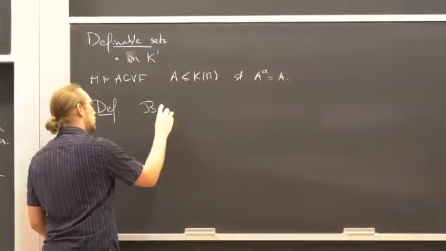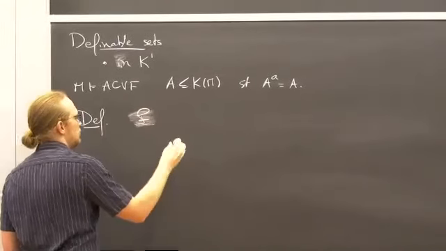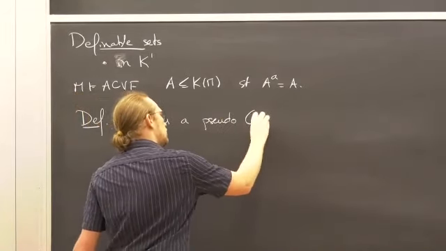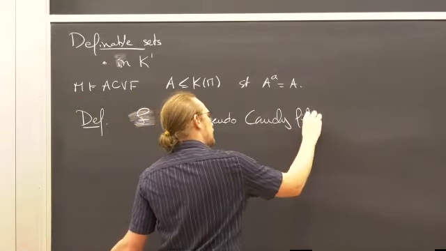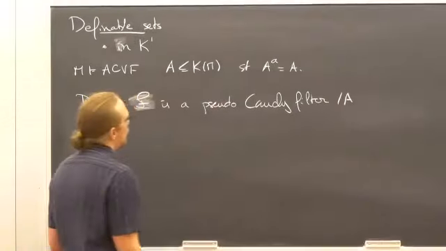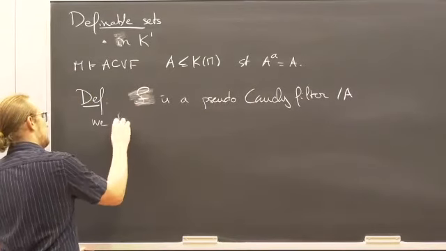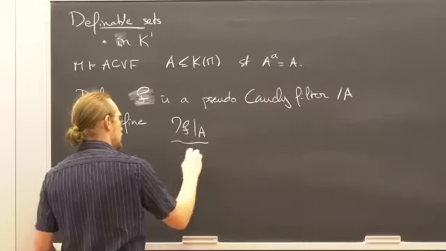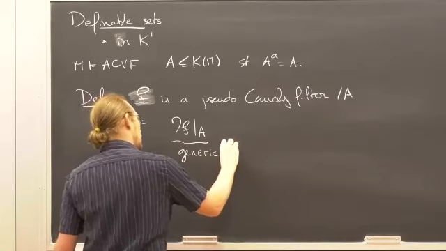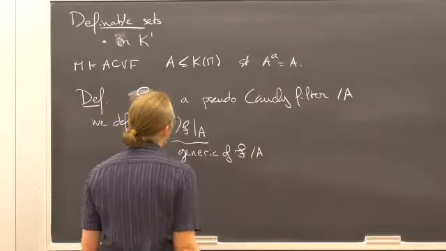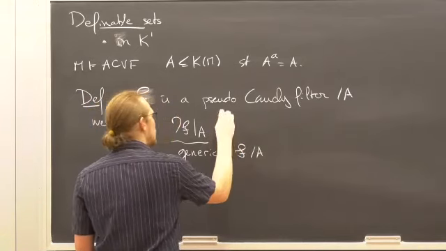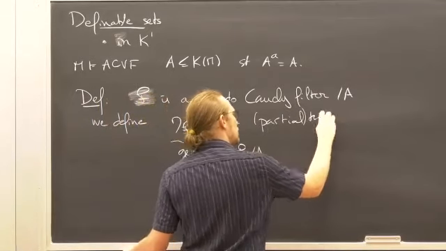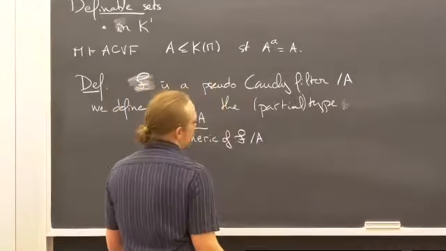So if F is a pseudo-Cauchy filter over A, we define the generic of F over A to be the partial type, so a priori partial, that says the following.